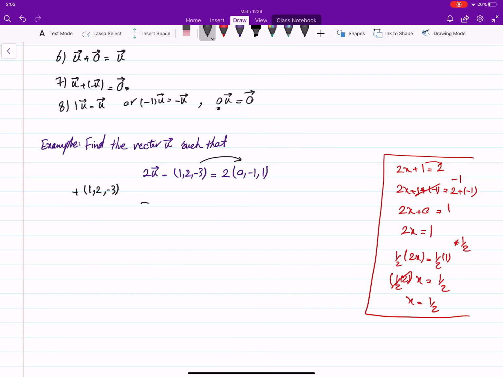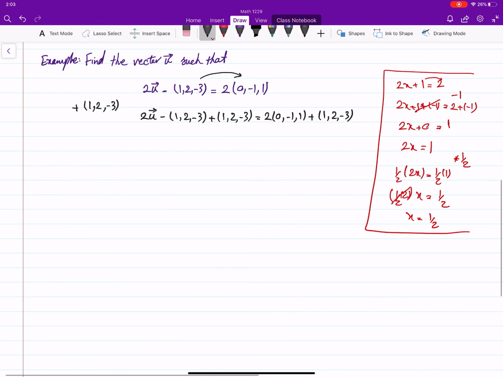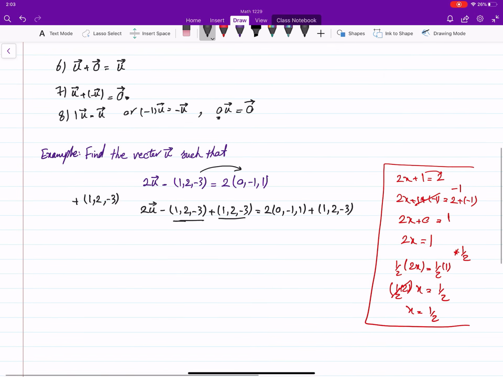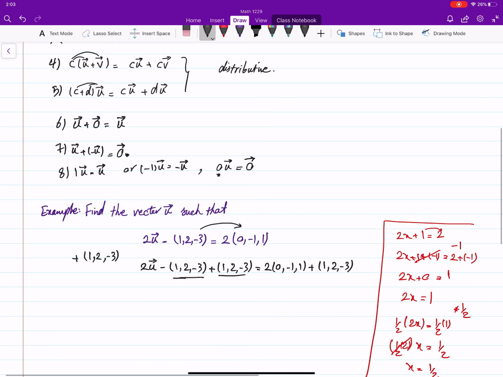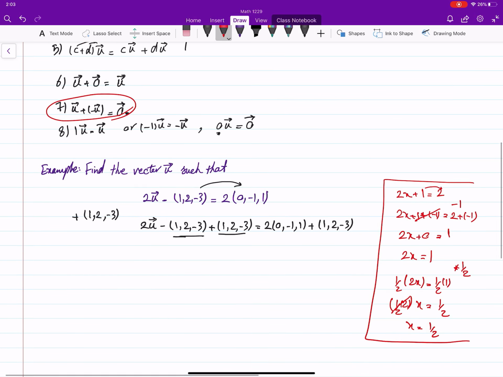So we'll get 2u minus (1, 0, -3) plus (1, 0, -3) is equal to 2 times (0, -1, 1) added to (1, 0, -3). And you see that a vector and its negative are added. If you add a vector to its negative, see this property, you get the 0 vector.